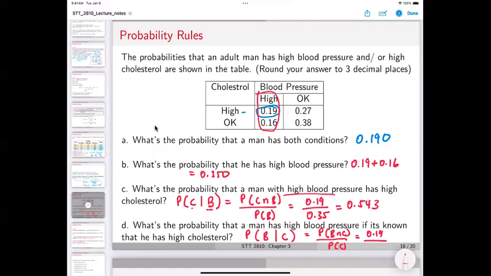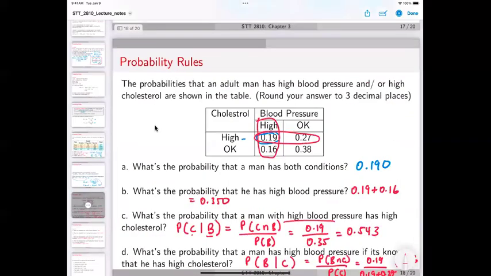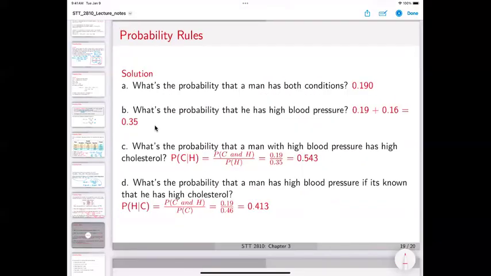Look at high cholesterol. Does that make sense? So 0.19 plus 0.27 gives 0.46, the same thing we did here. So 0.19 divided by 0.46, I got 0.413. So this is also the solution. Good.